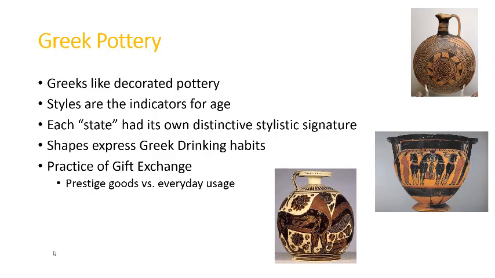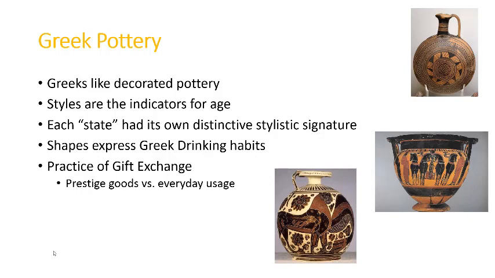So yes, occasionally we see plain wares as well, but we see lots and lots of decorated wares with respect to Greeks. Styles are the indicators for age. So stylistics is how we tell from what centuries at least things were made. And we also look at fabrics.